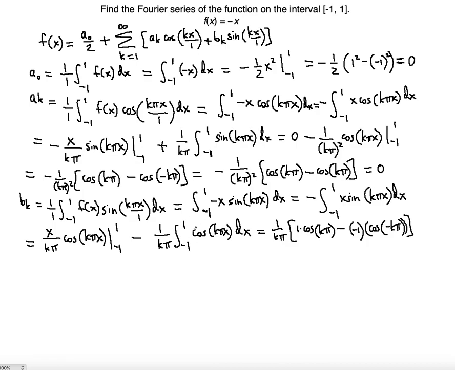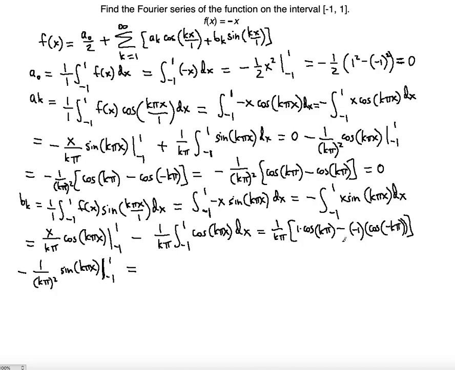And for this one, you will get a sine, which is going to be what? This is going to be minus 1 over k pi squared. I'm talking about this part here, this integral. Sine of k pi x from -1 to 1.